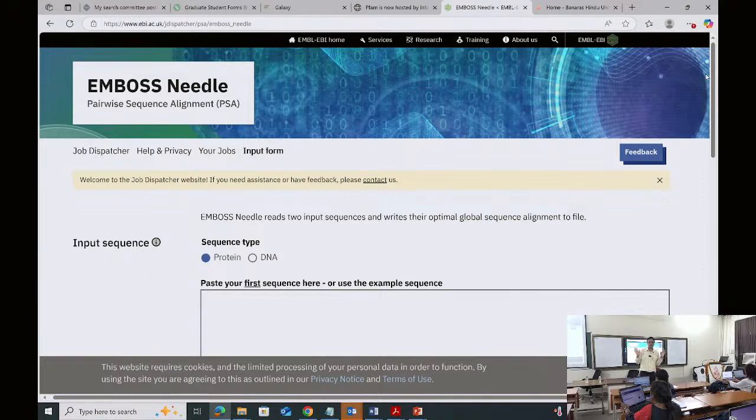Basically you are relaxing the stringency, so BLAST will say, okay, you have relaxed the threshold, so the alignment can be shown. So by relaxing the threshold, BLAST should be able to show you the alignment, even though it is not significant.